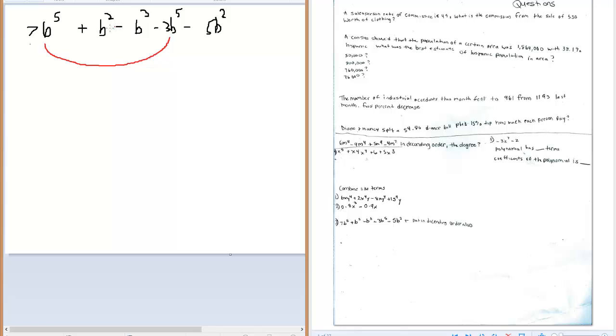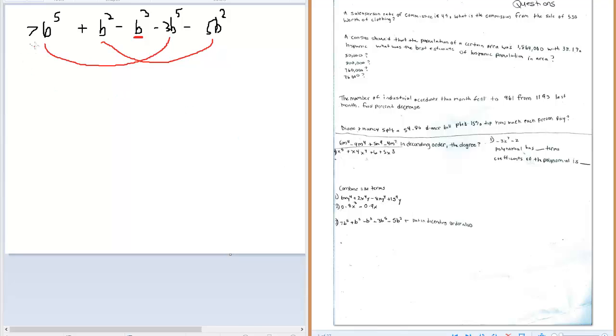Next, we're going to choose b to the degree of 2, which will have the same degree as -5b to the degree of 2. Then, since there are no other terms with the same degree as b to the degree of 3, it will remain by itself.